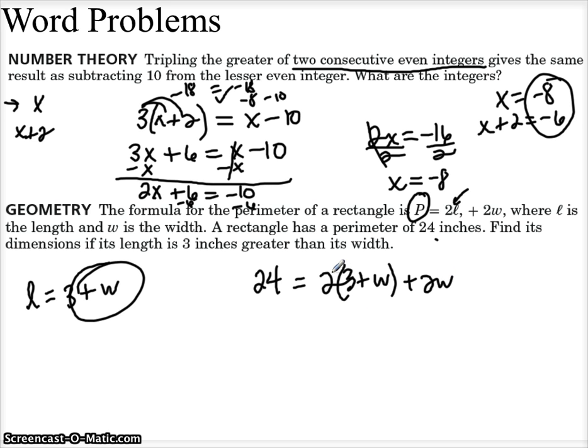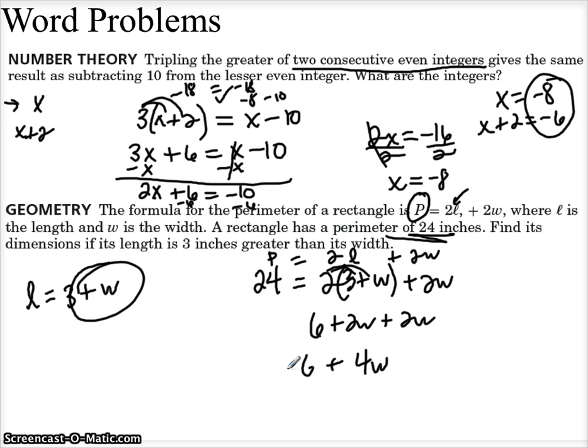And then you just solve. So just one more time to let you know where this came from. 2L plus 2W. Well, the perimeter is 24 inches, so I plug that in. And then the length is 3 inches greater than its width, so it's 3 plus W. Distribute: 6 plus 2W plus 2W. 2W plus 2W is 4W plus 6 equals 24.